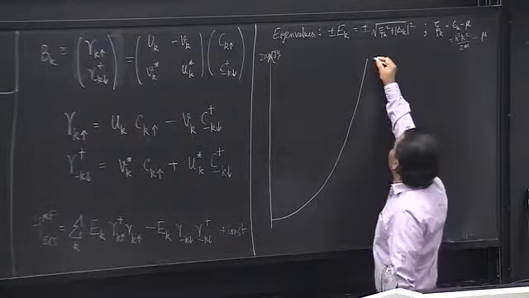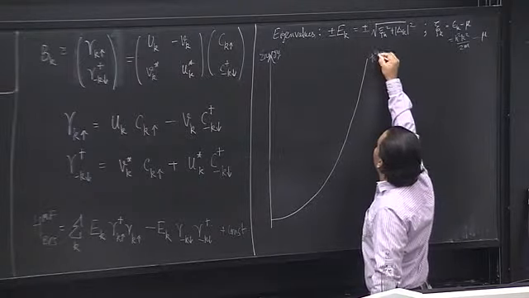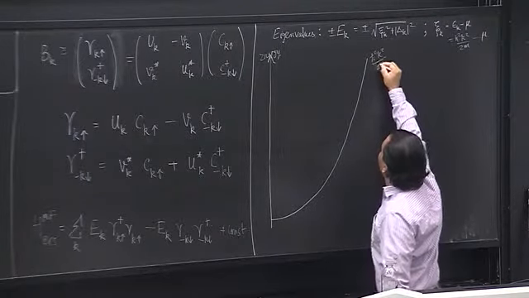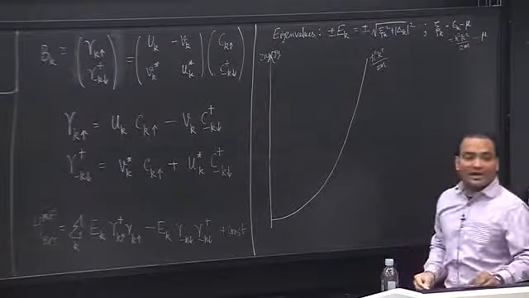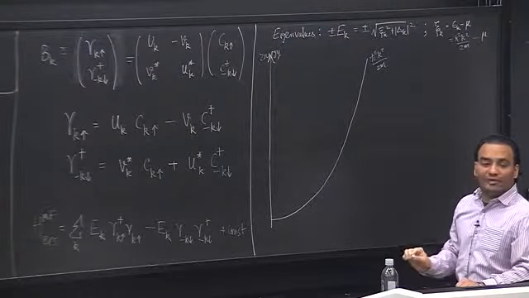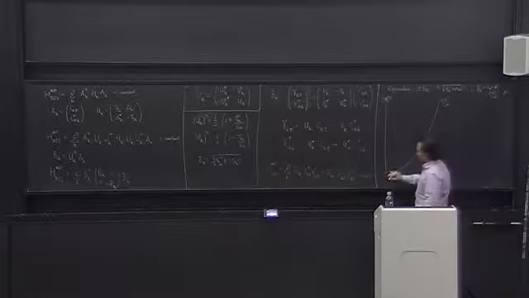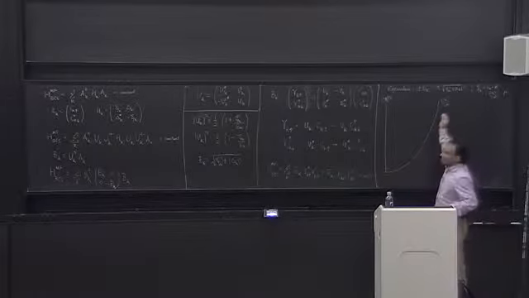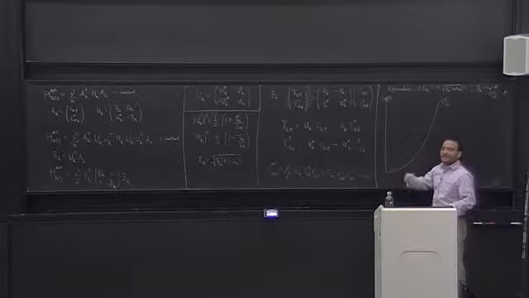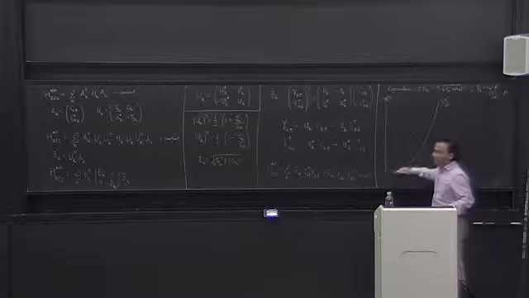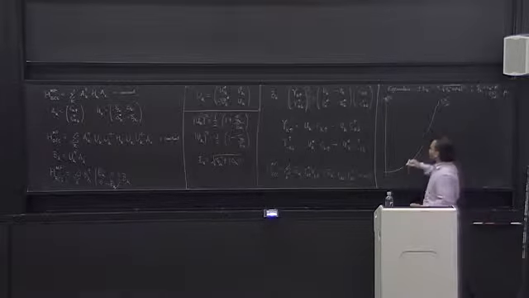So this is h bar squared k squared over 2m. Then I'm going to plot the chemical potential mu. So imagine that at t equal to 0, you start with a parabola and you're creating the metallic state before the superconducting phase transition.